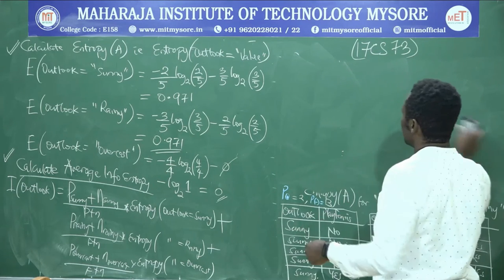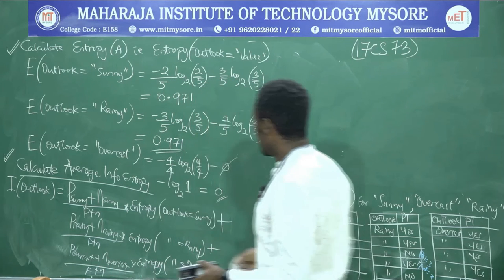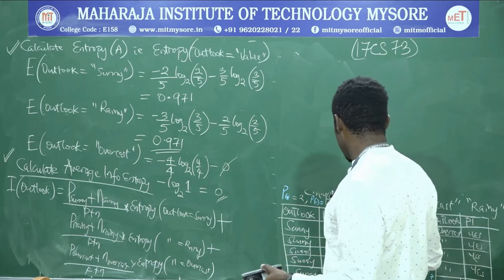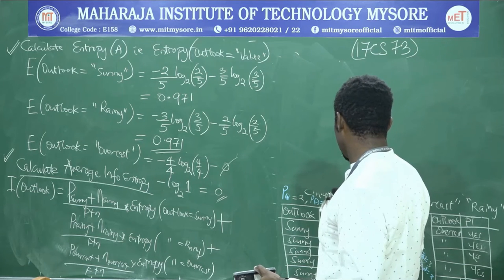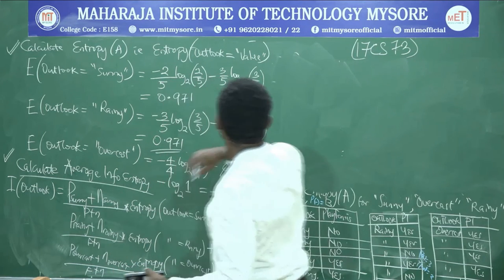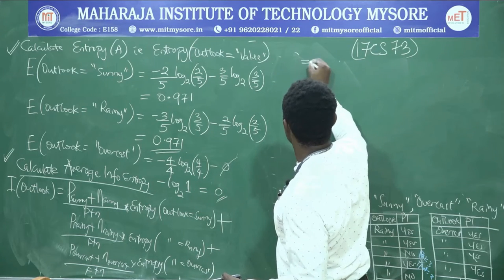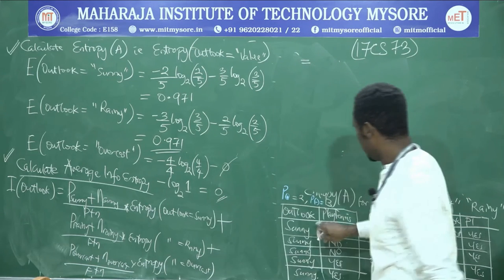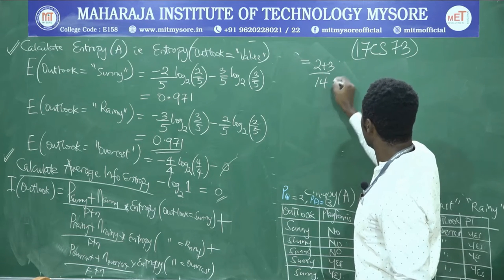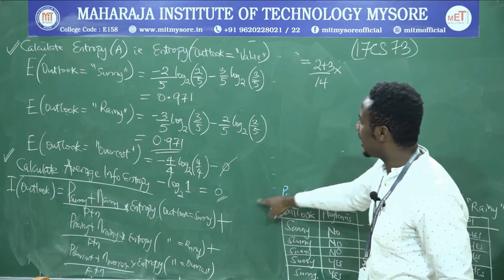So the first one, let's plug that in. For sunny, if you remember, we had P plus N, which is 2 plus 3 upon 14 into what? Entropy of outlook equals sunny. Go back there.